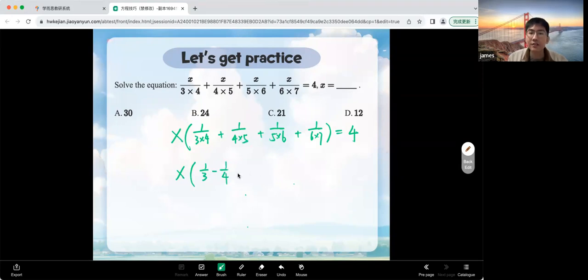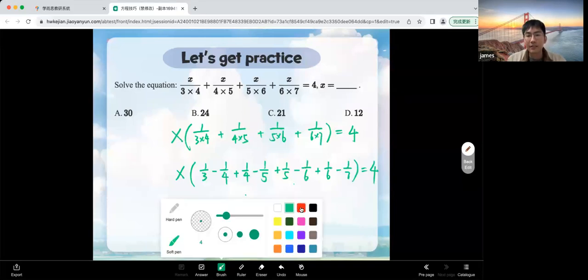And for the second fraction, all the same. Plus 1 over 4 minus 1 over 5 plus 1 over 5 minus 1 over 6 plus 1 over 6 minus 1 over 7. And that is equal to still 4 on the right side.